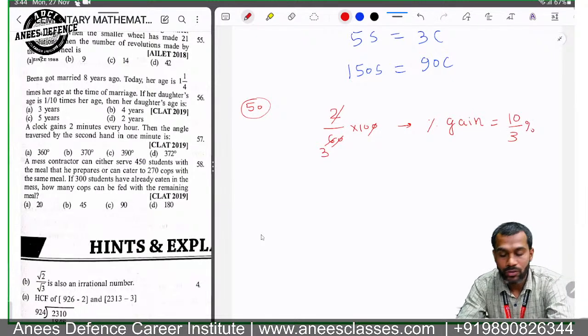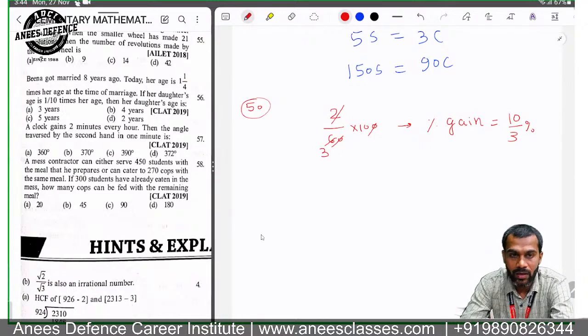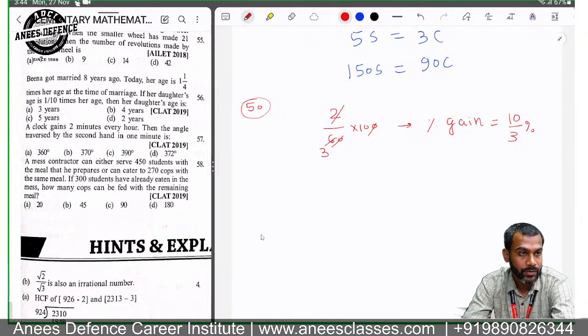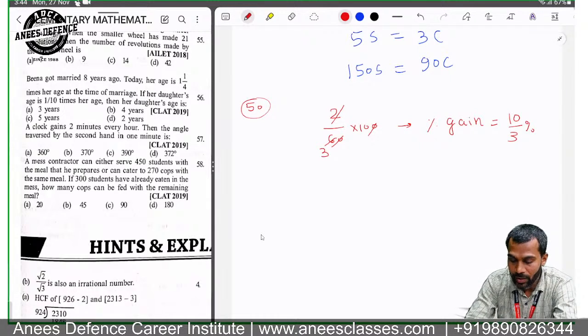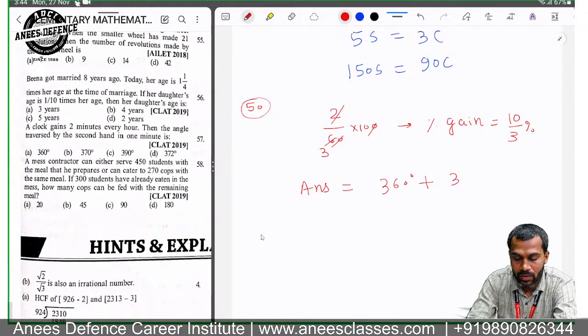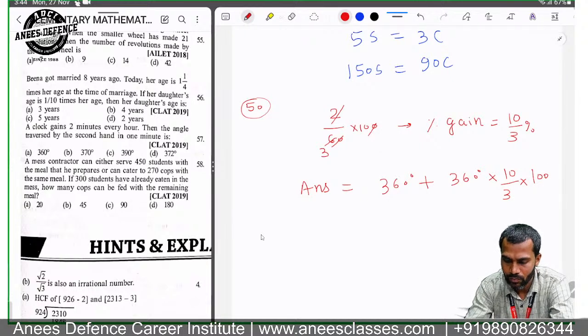Yes or no? So if there is no gain, percentage gain is supposed 0%. So what is the angle traversed by the second hand in 1 minute? That is 360 degrees. But 10 by 3% more it will gain. So the answer should be 360 degrees plus 10 by 3 percentage of 360, divided by 100.